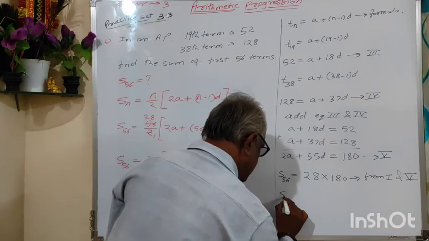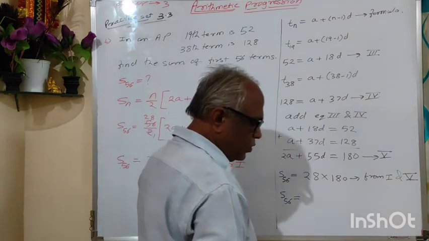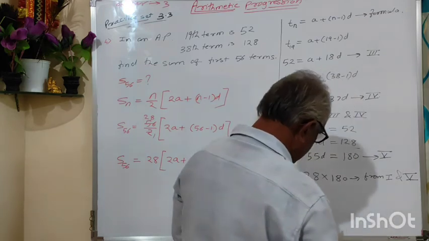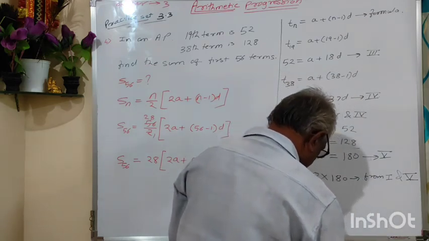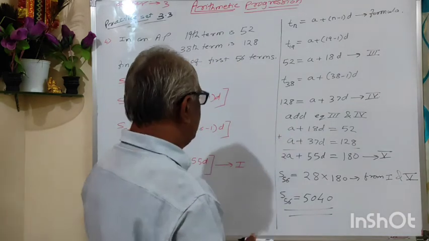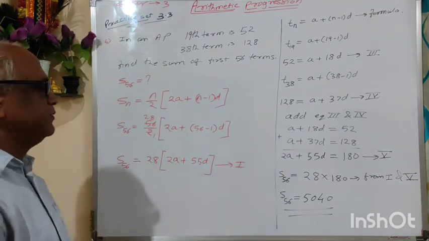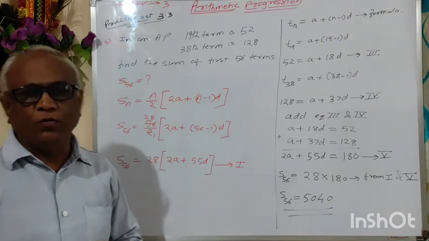So here S56 is equal to 180 into 28, that we will get 5040. This is the sum of the 56 terms. So here you can take the screenshot and write it in your notebook.